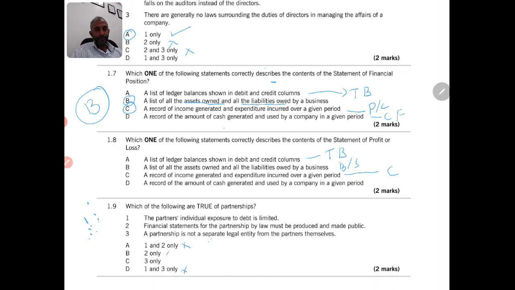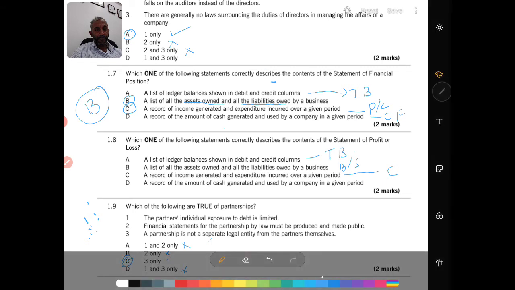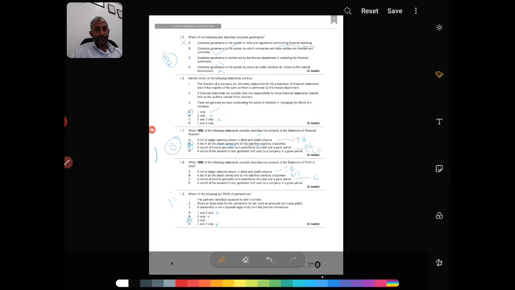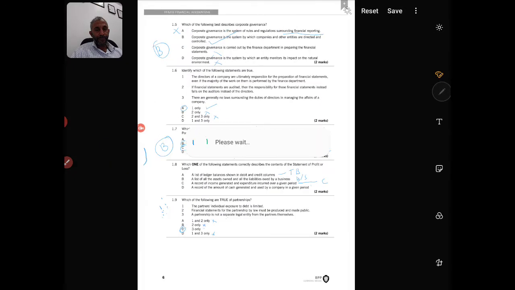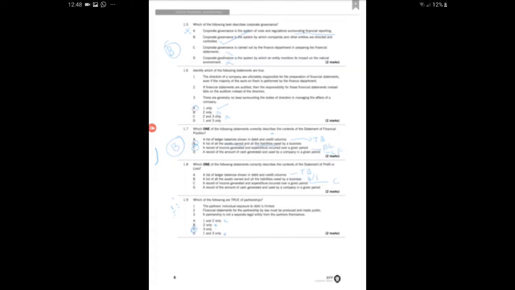So that is wrong. So the answer must be 3: a partnership is not a separate legal entity from the partners themselves. Obviously, yes, that's correct. So let's save this and we'll move on to the next one. So 1.9 is done. Let's move on to 1.10.